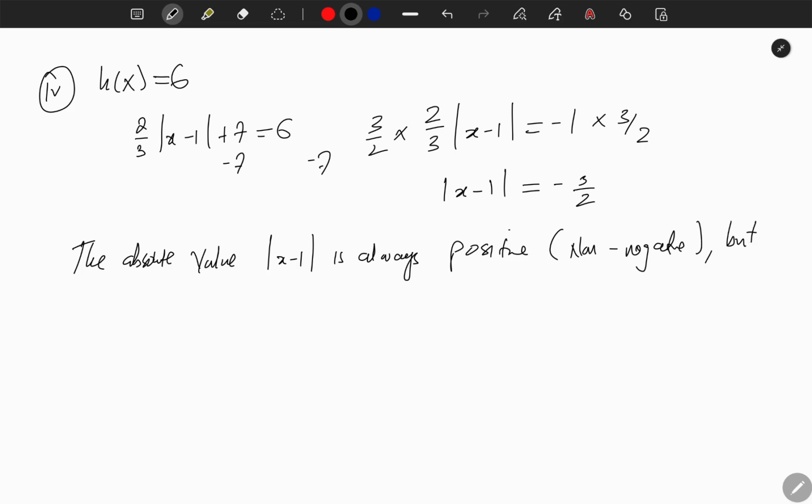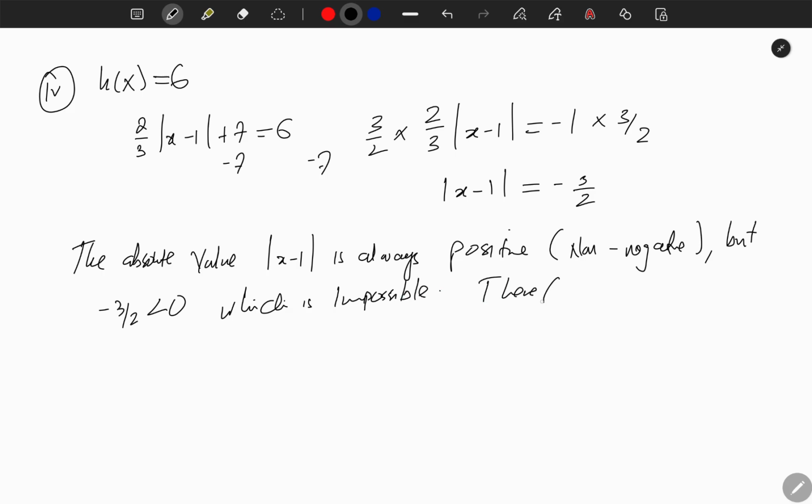But negative 3 over 2 is less than 0, which is impossible.